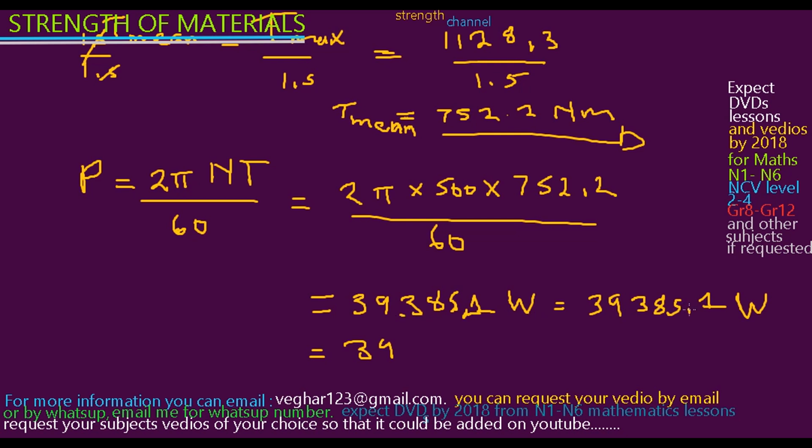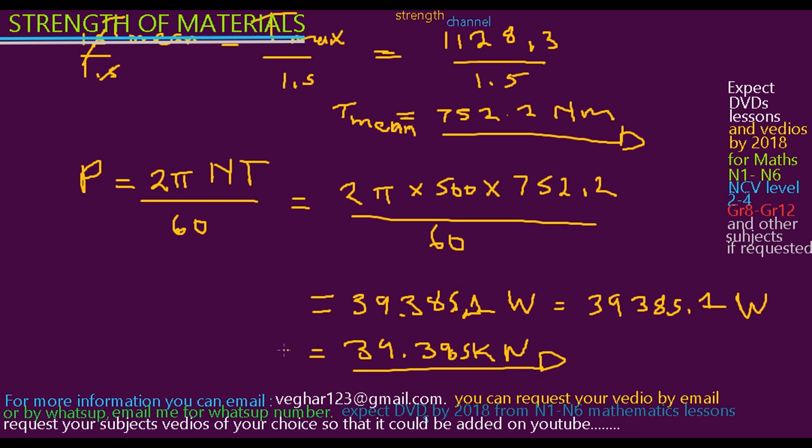Just 1000 is how many zeros? There are 3 zeros, so we'll say 1, 2, 3, so the comma is here. You can leave it to 39 or 39.5 kilowatts.